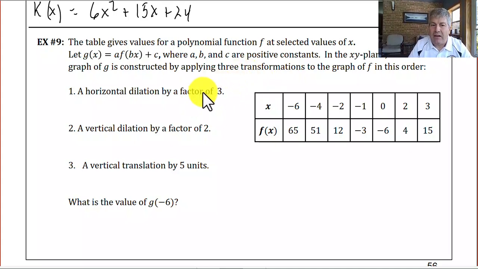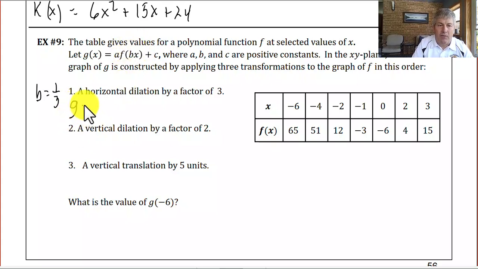So a factor of 3 is a little misleading here. We think we might multiply by 3. But actually, a horizontal dilation of factor 3 is changing b to be 1/3. So that is going to impact our b of x.